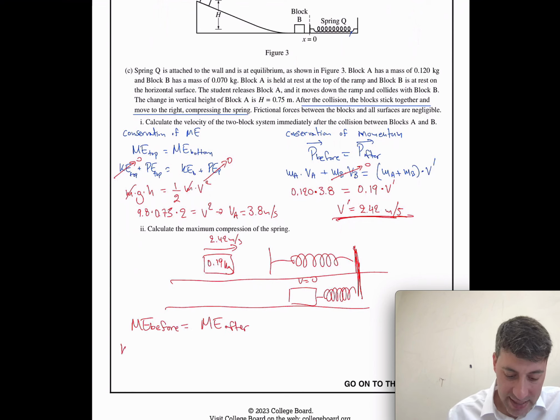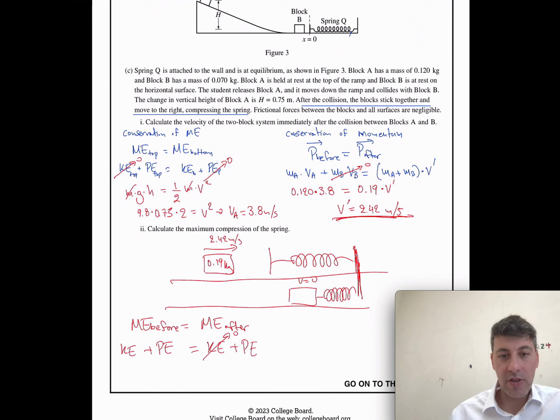So the kinetic energy of the two objects before plus the potential energy of the spring before the collision is equal to the kinetic energy after plus the potential energy after. Now, at the maximum compression, the velocity of the two objects is 0, so there is no kinetic energy. And before the collision, the potential energy of the spring was 0 because it wasn't compressed.